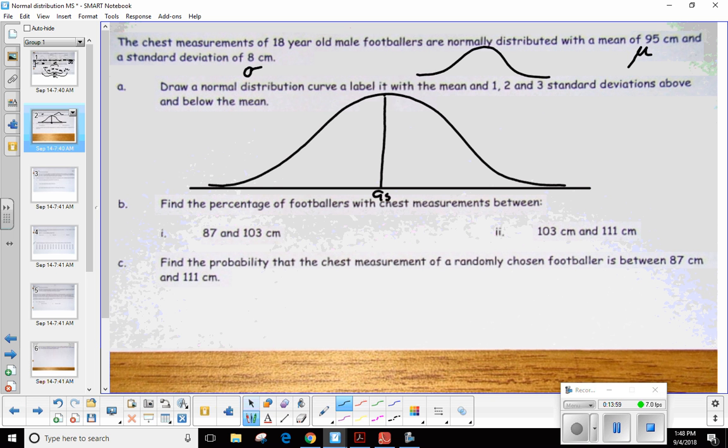It's not bad. There's my 95. Now I want to go 3 standard deviations above and below. So I'm going to go ahead and draw my 3 lines. So here's the 1, here's the 2, here's the 3. Here's the 1, here's the 2, and here's the 3. All right. Well, if I know that the standard deviation is 8, then what would I put right here?